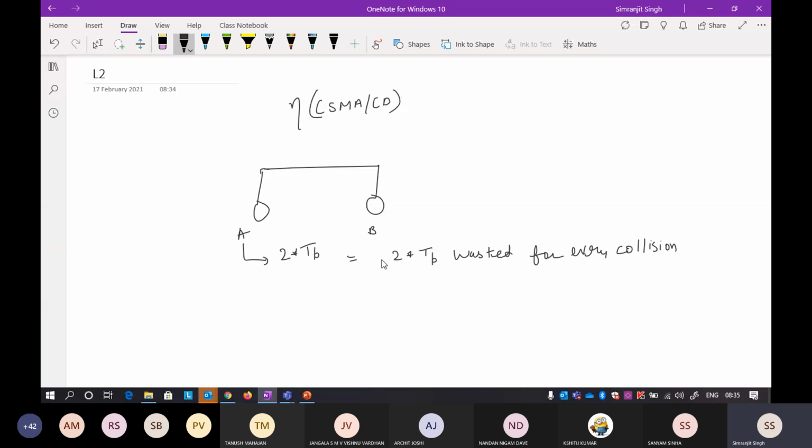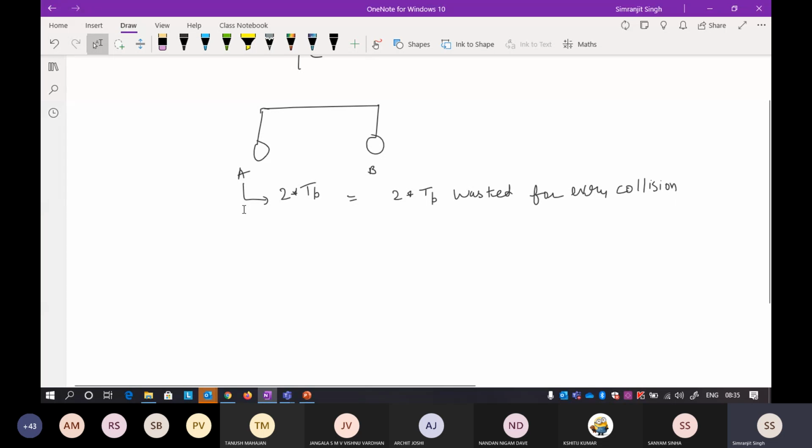Now, to find the efficiency of CSMA/CD, you cannot say that every time your transmission will be successful. For a successful transmission there will be many unsuccessful ones.